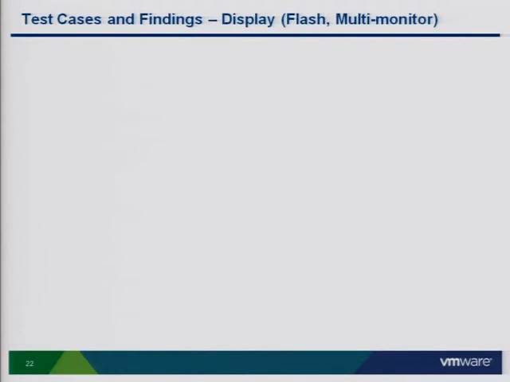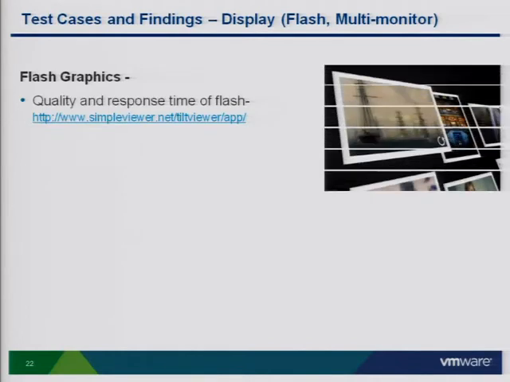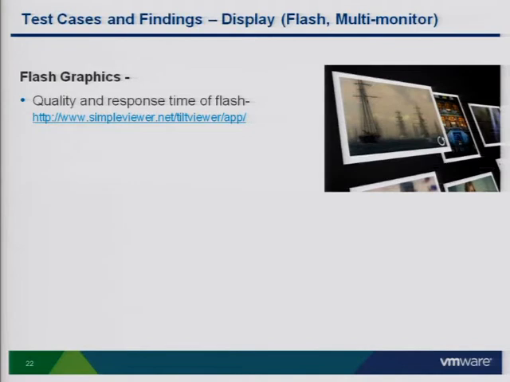The next focus of our testing was around display. And we felt that we should not only test the components of the application from a display perspective, but something like Flash. And to do that, we used a website, as mentioned here, like a tilt viewer website. It's a pretty cool website that has a lot of graphics.